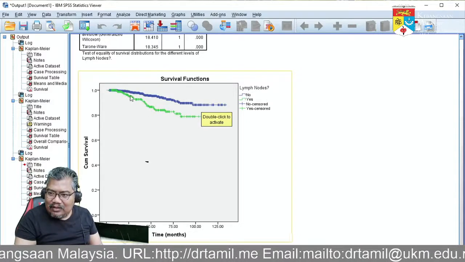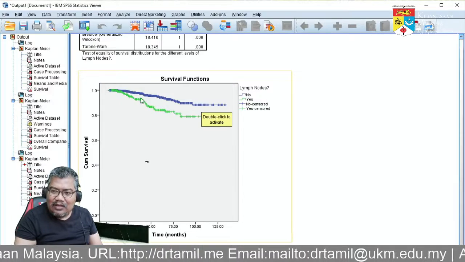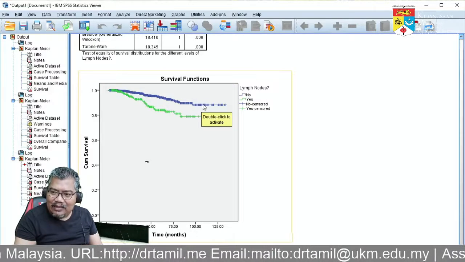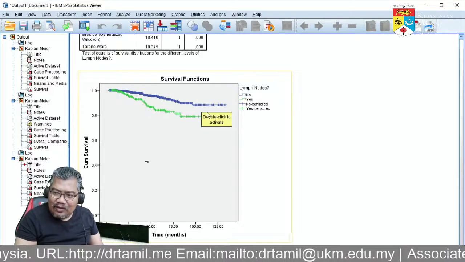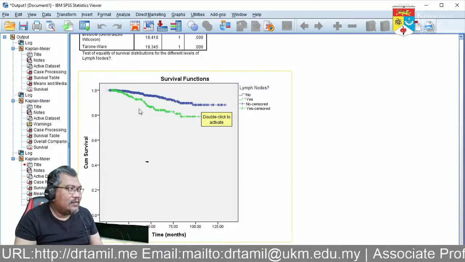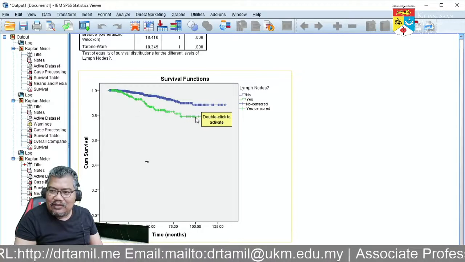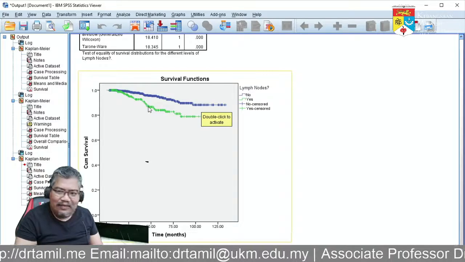So the lower the line is, the lower is the probability of survival. Those who are high up, the higher the probability of survival. So, therefore, those who have lymph nodes involved by breast cancer, they will die faster.